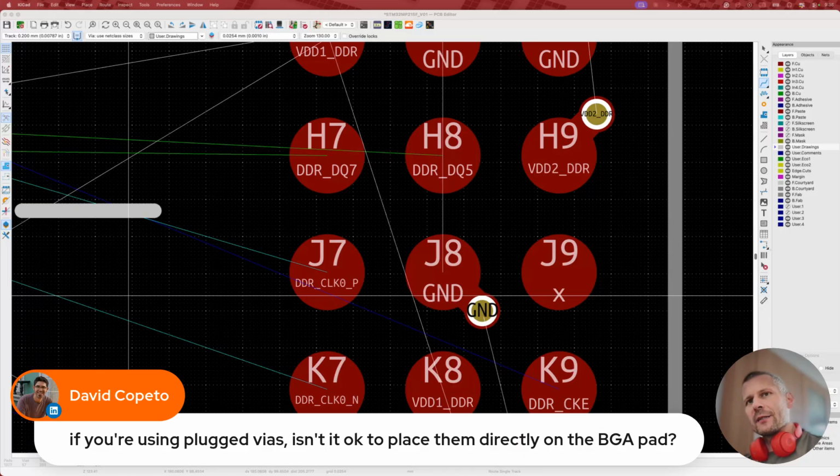Vias in pads, in my opinion and experience, are something different from plugged vias placed in pads. I don't want to use vias in pads, because they are really a different technology.